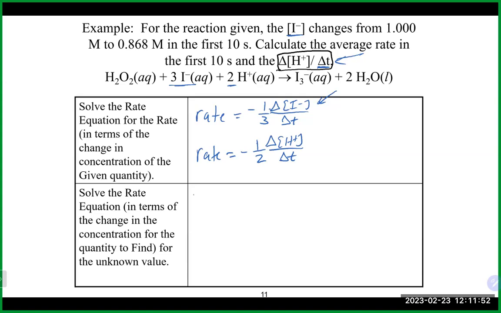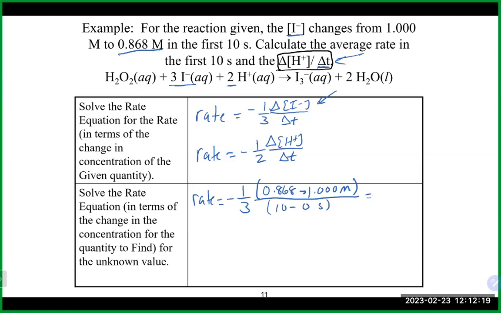So for I minus, we can put it in. And if we do that, the rate is equal to -1/3. Remember that our final concentration for I minus is 0.868 as it's decreasing to that concentration. That's 0.868 minus 1 molar, divided by, in this case, you can assume 0 was the initial time, 10 seconds.